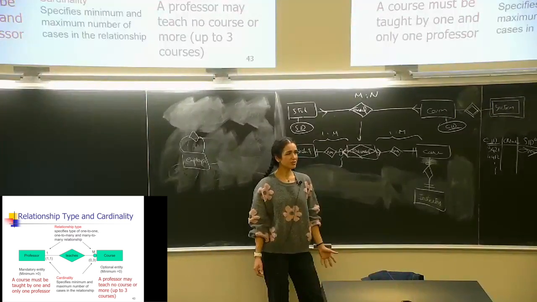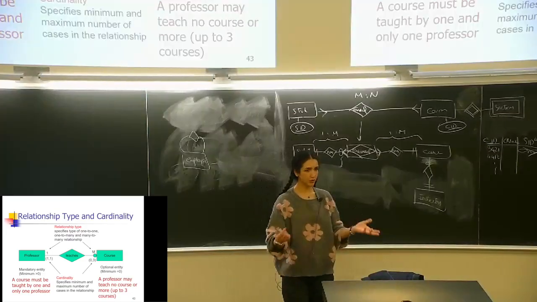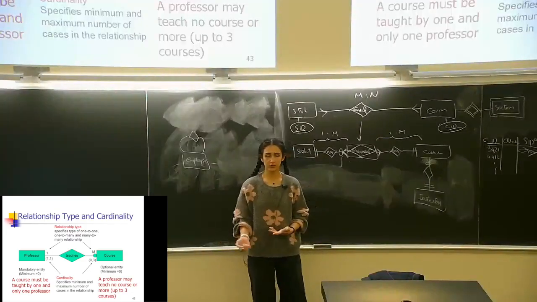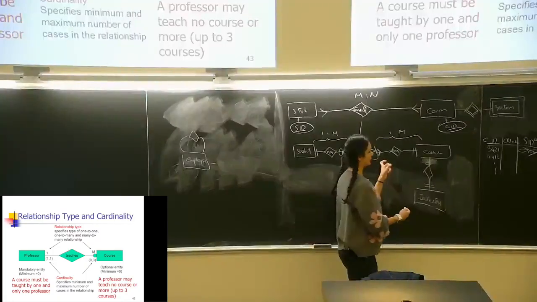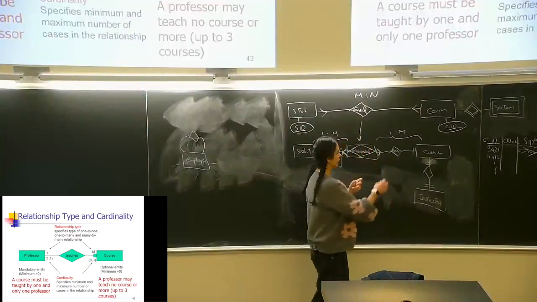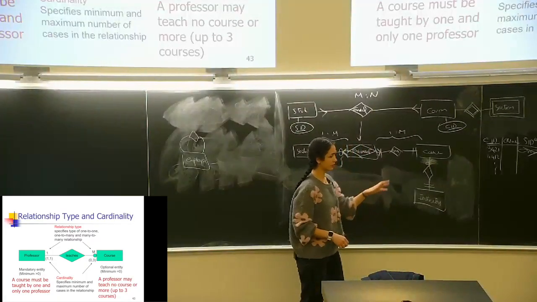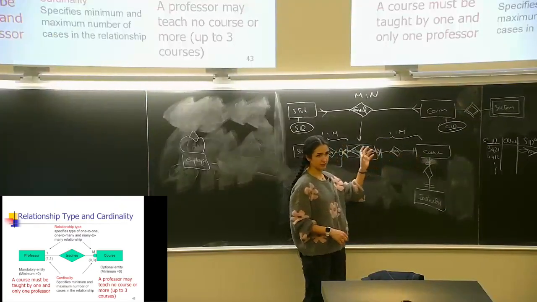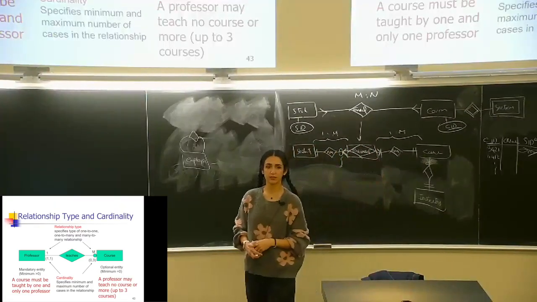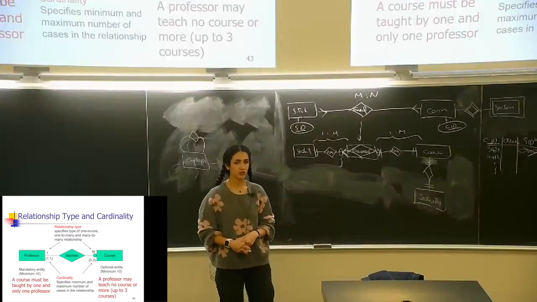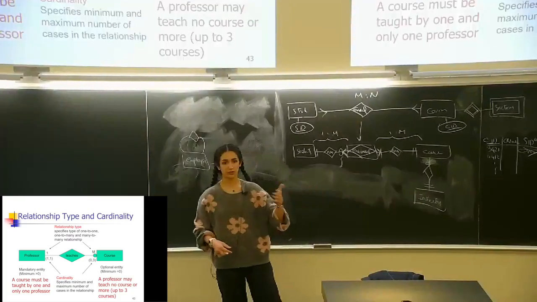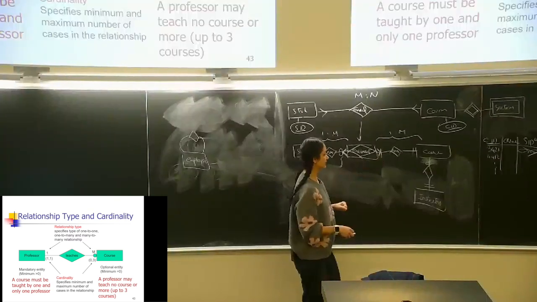Could be. Not really. It doesn't really make sense to keep a course if no student enrolled in that course. You probably want to delete that course. But if you want to allow that, then this is optional. If not, it should be mandatory, right? So if my assumption is that each course should appear in enrollments and should have at least one student enrolled in that course, then this is mandatory.